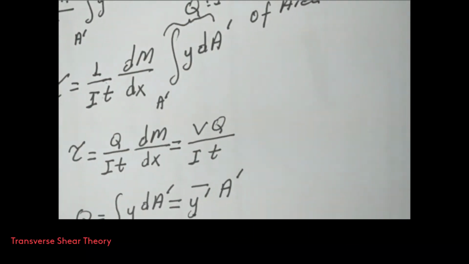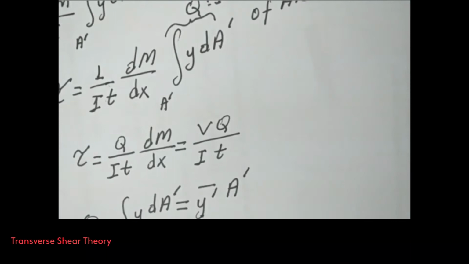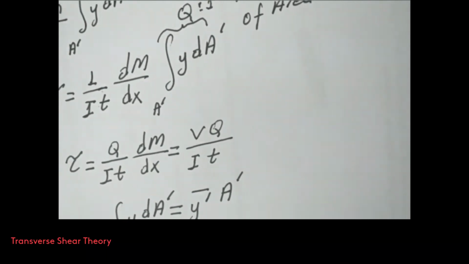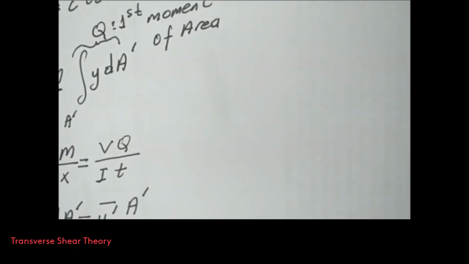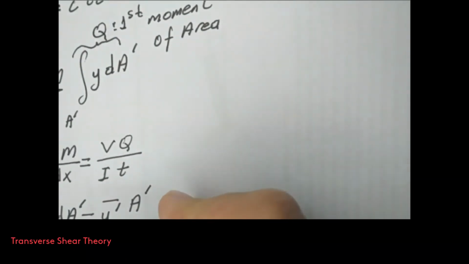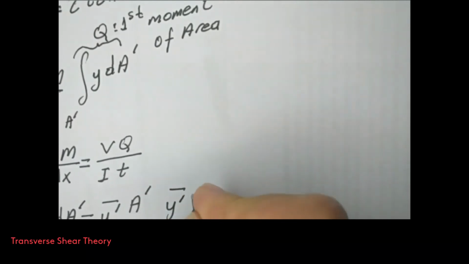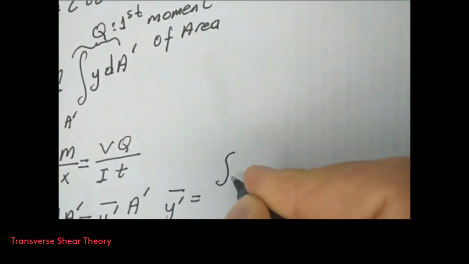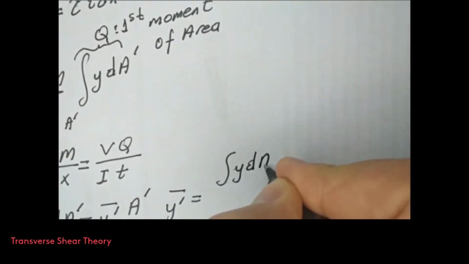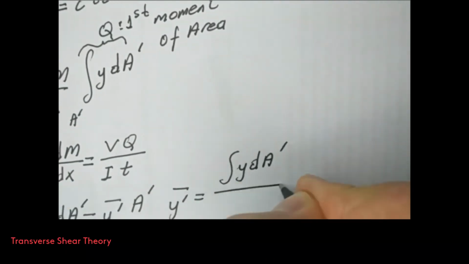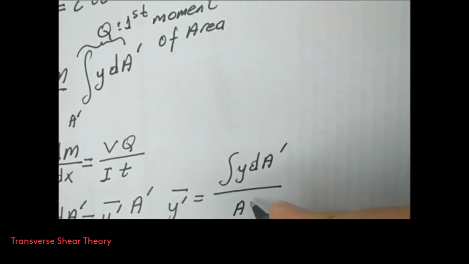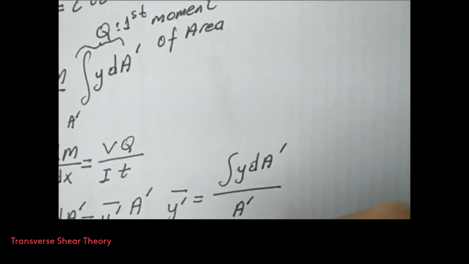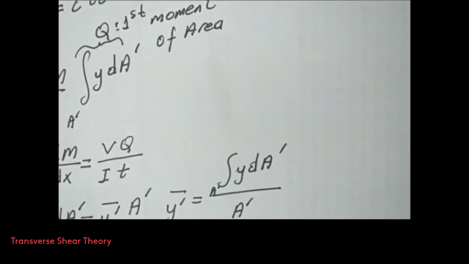How can we calculate the y prime bar? Again we can find it: y prime bar is equal to the integral of y dA prime divided by A prime, the area of this particular cross section.